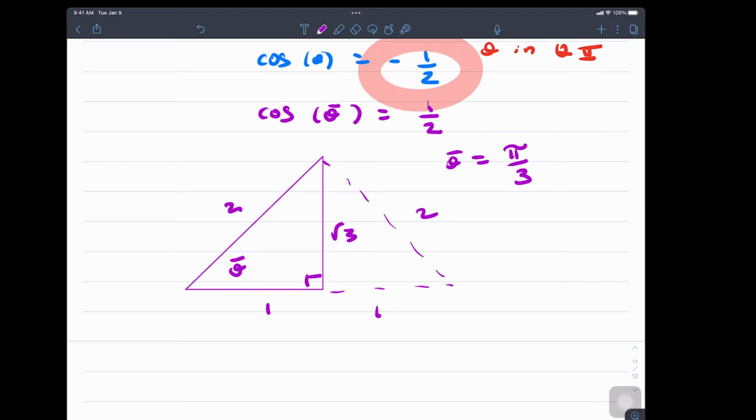Now this is the quadrant 1. This is the reference angle, okay? So notice that symbol here. This is a reference angle. This is an important detail. Extremely important detail. Pi over 3.